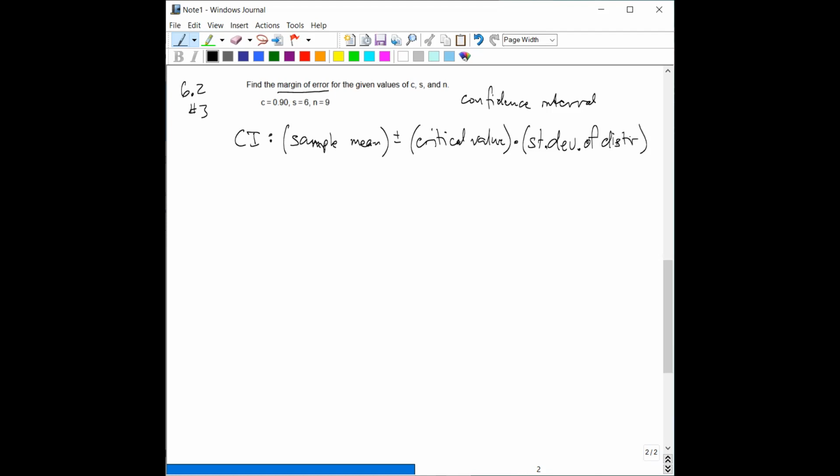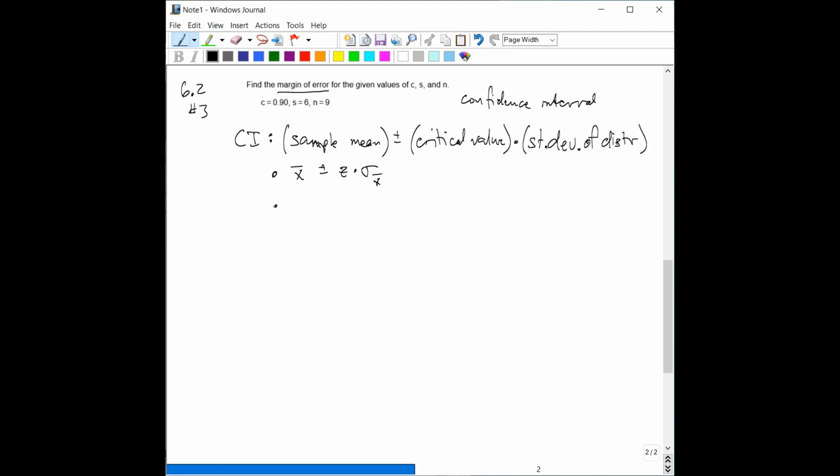One version would be the sample mean x bar plus or minus the critical value, when it's z, times the standard deviation, which in this case would be sigma x bar.